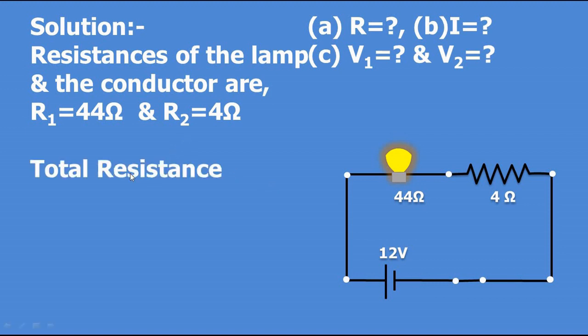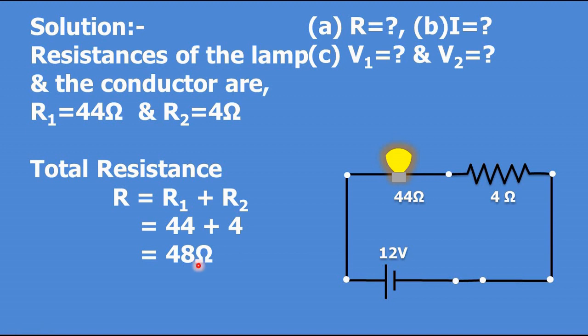Now the total resistance. Total resistance is given by the sum of the individual resistors. That is, R equal to R1 plus R2. We simply put the values here, 44 plus 4, which is equal to 48 ohms. 48 ohms is the total circuit resistance or the equivalent resistance of the circuit.